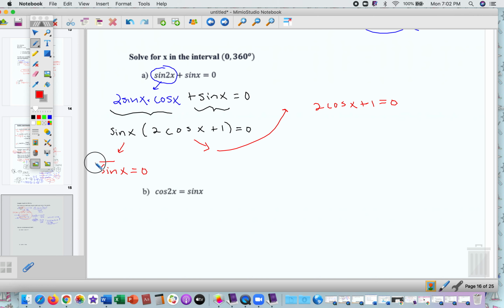So the one down here, sine x equals 0, is saying if we spin around the unit circle one time, right, between 0 and 360, where will sine be 0? So let's see, 1, 0, 0, 1, negative 1, 0, 0, negative 1. When we spin around the unit circle, sine is 0 at 0 degrees. So x is 0 degrees. And at 180 degrees.